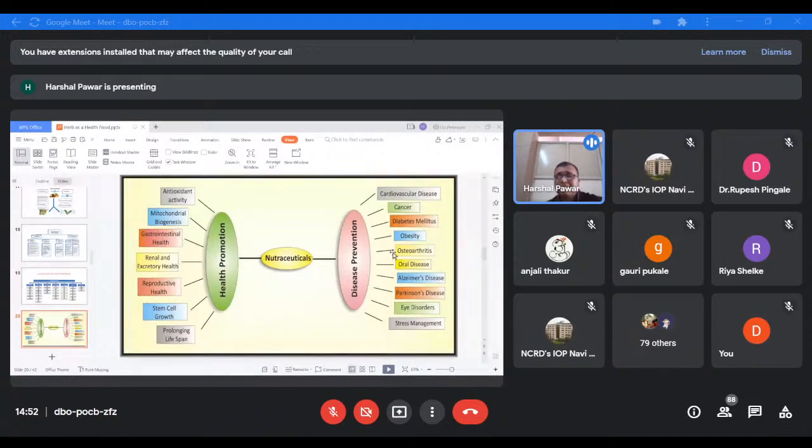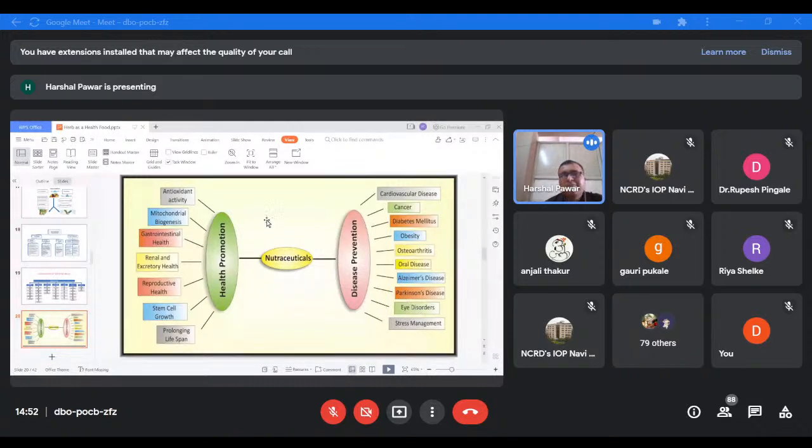On the other side, these nutraceuticals or their components protect us from several diseases like cardiovascular disease, cancer, diabetes, obesity, osteoarthritis, oral diseases, even Alzheimer's disease, Parkinson's disease, eye disorders, and they also play a very crucial role in stress management.